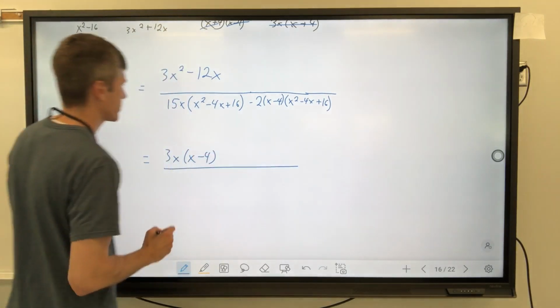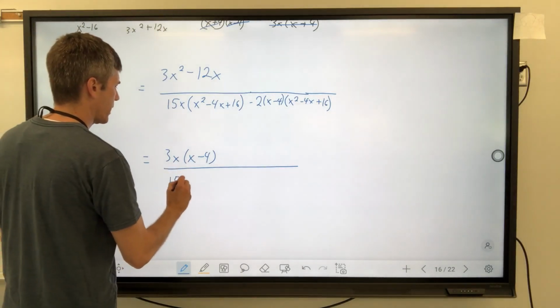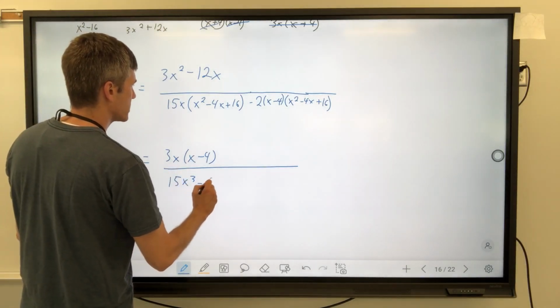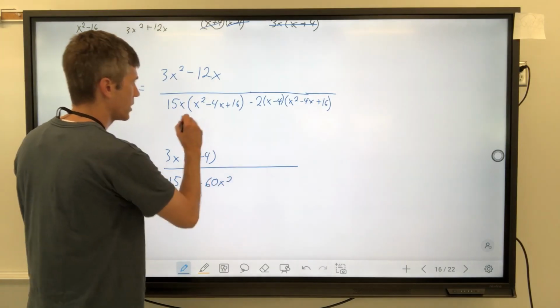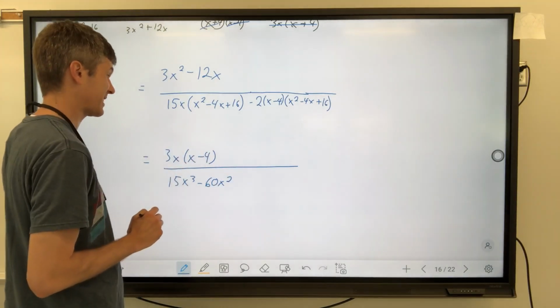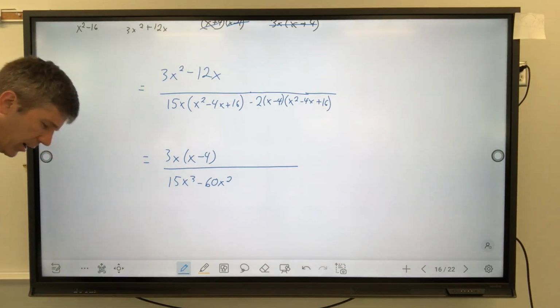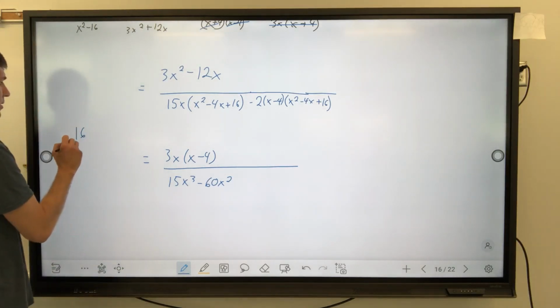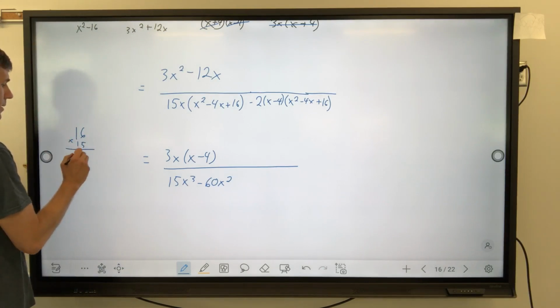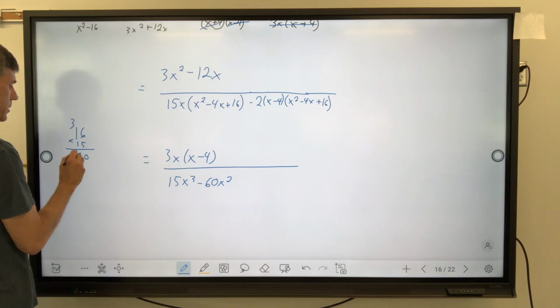Numerator, unfactored. 15x to the third, 60x squared. 15 times 16. I feel ashamed that I don't know that off the top of my head. 15 times 16, I'm not going to use a calculator. That would be 30, and so 18, 180.